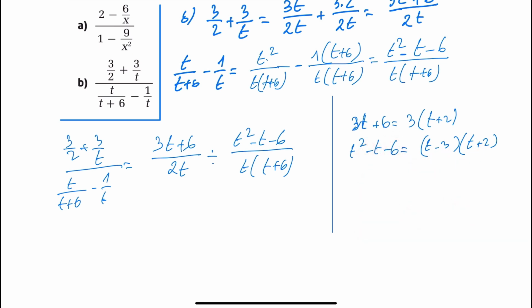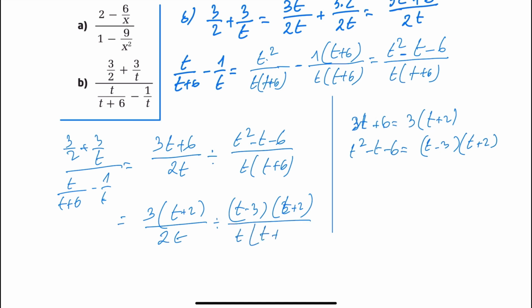Okay, now we will replace this with this, and we will replace this with this. So this is equal to 3 times t plus 2 divided by the 2t, divided by t minus 3 times t plus 2, divided by t times t plus 6.